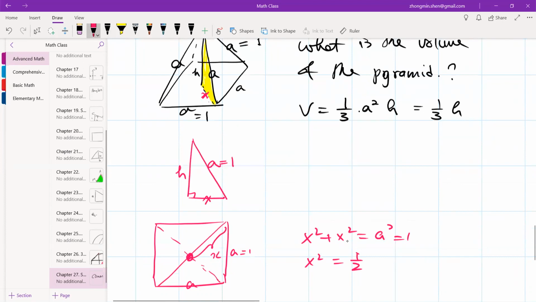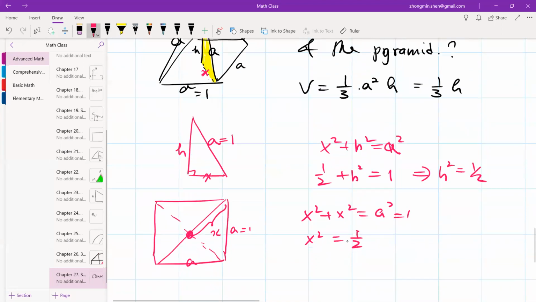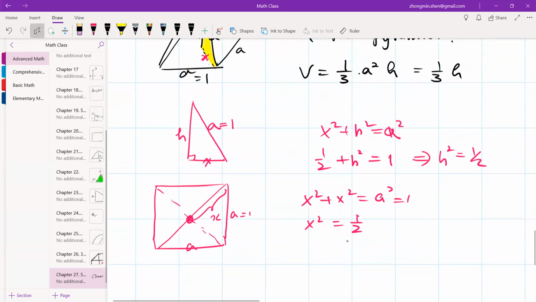Then on the top, X squared plus H squared equals A squared, by the Pythagorean theorem. X squared is 1/2, A squared is 1, so that implies H squared equals 1/2. So you find the H, which is the square root of 1/2.